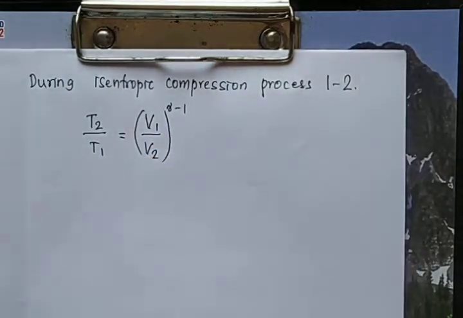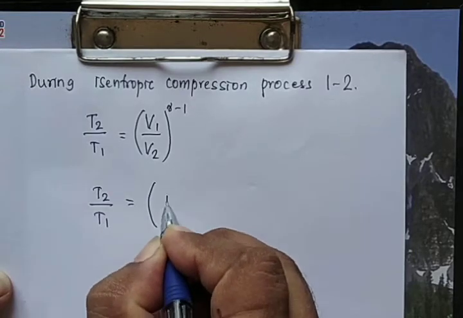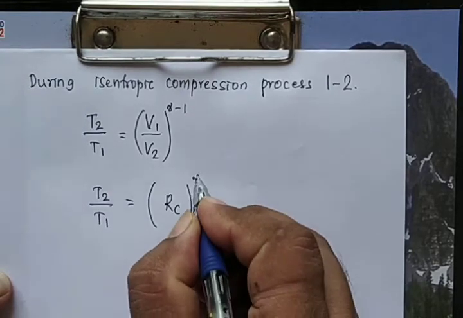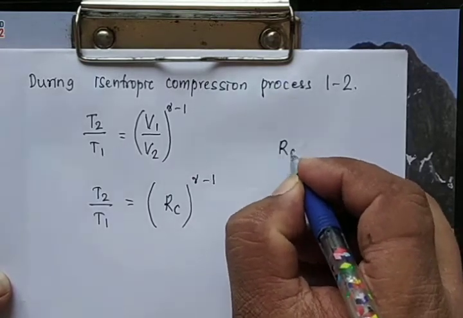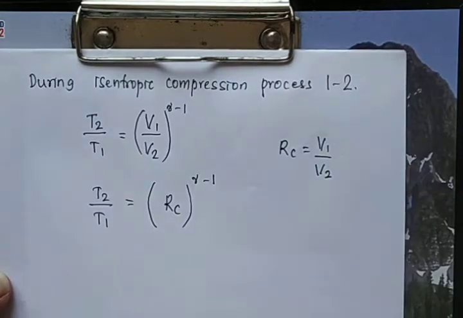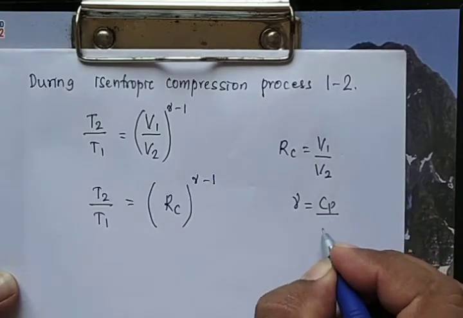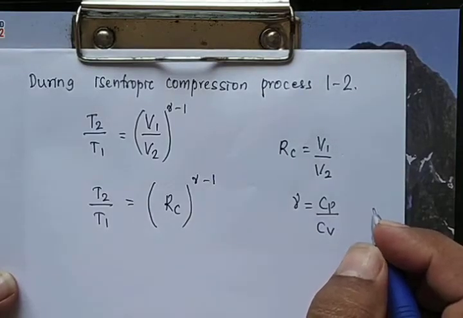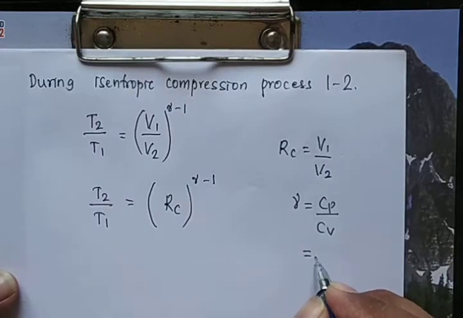And what is V1 by V2? It is RC. So T2 by T1 will be equal to RC to the power gamma minus 1. RC is nothing but V1 by V2. And we know the value of gamma. Gamma is nothing but Cp by Cv, which is given in the problem. We need to remember those values, that is, it is 1.4.